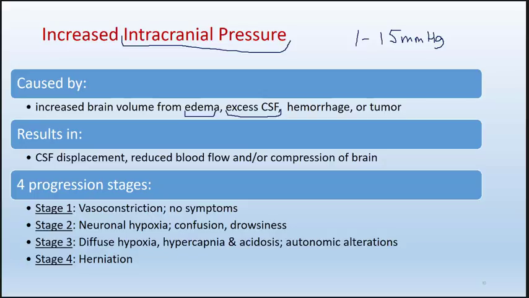Now, the first fluid to displace when intracranial pressure goes up, just to keep us within this range, is going to be the cerebral spinal fluid. And then if cerebral spinal fluid is not enough, then reduced blood flow will occur and compression of the brain to try to maintain that normal pressure.